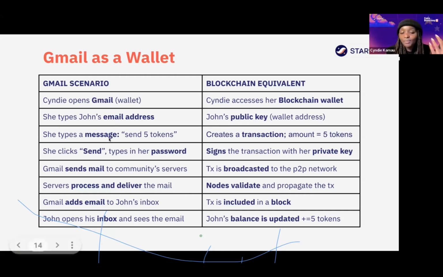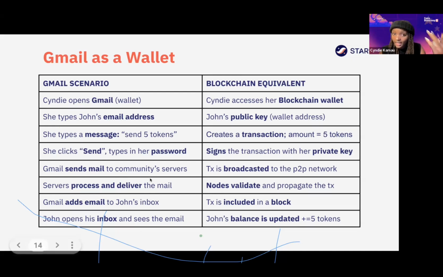Then I type a message, send 5 tokens to John. That's similar to creating a transaction. Then I click send and type in my password. This is the same as signing the transaction with my private key to ensure the transaction is successful. And then Gmail sends it to the community servers. Remember, yesterday we went through creating Google as a decentralized service, right?